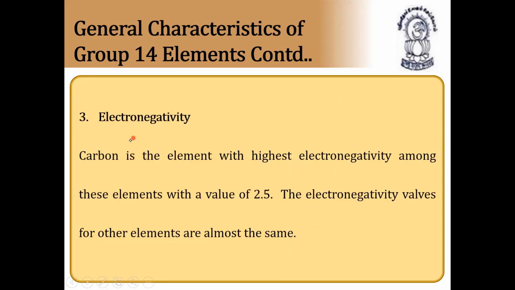Next continuation. Electronegativity. The next point is electronegativity. Elements of group 14 are more electronegative than the corresponding group 13 elements. So here I write the statement: elements of group 14 have more electronegativity values than corresponding group 13 elements.